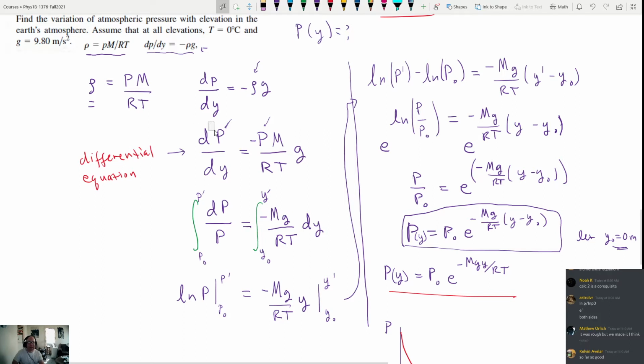The times when you can't separate them are when you have a second derivative. Because if I have a second derivative right here, like if this was a 2 and this was a 2... Do you all see what I'm saying? If it's a second derivative, I can't do what I just did, right?